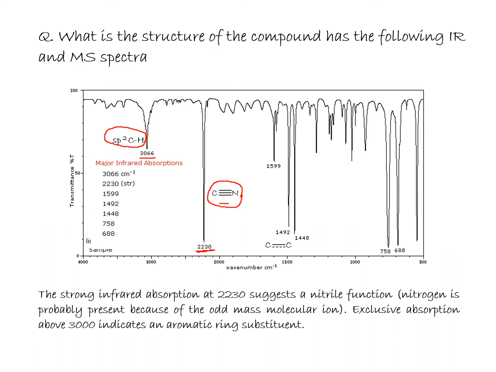Well, we are just proposing now. Okay. At 1492 and 1448, this belongs to the carbon of the aromatic ring. And here it is very clear from that overtone that we have an aromatic part.